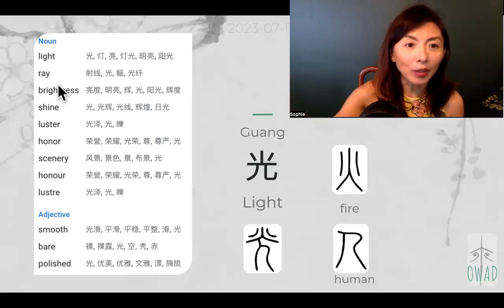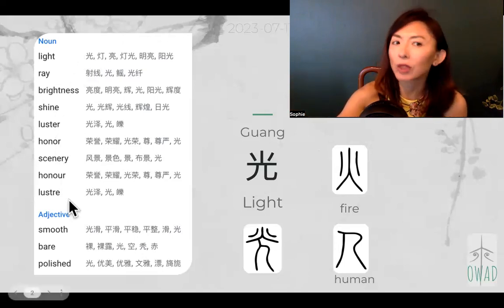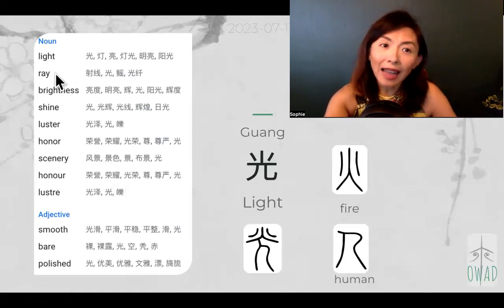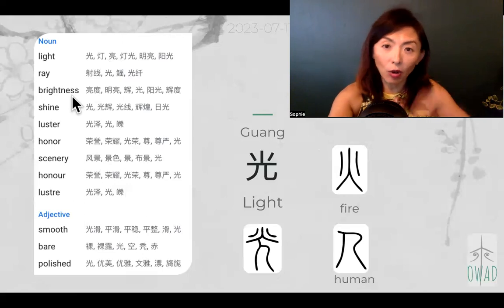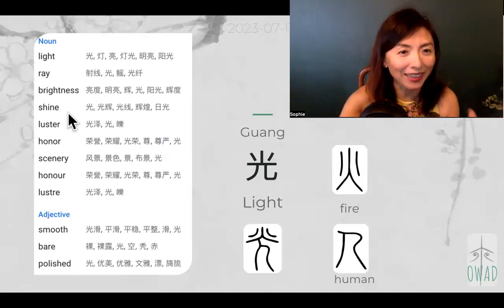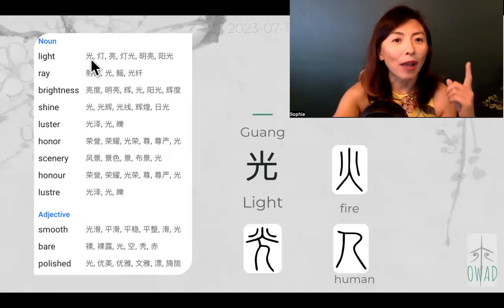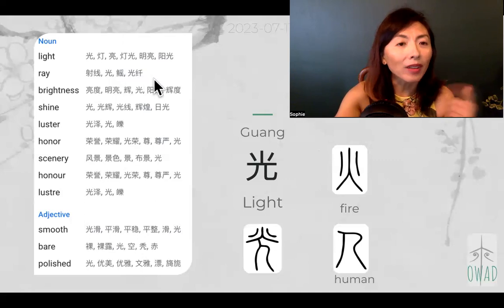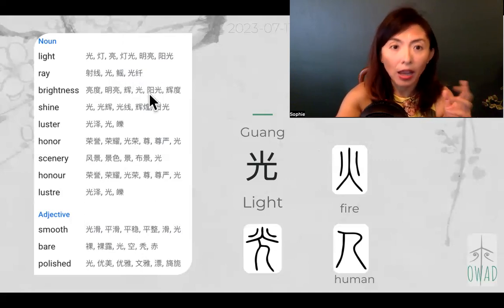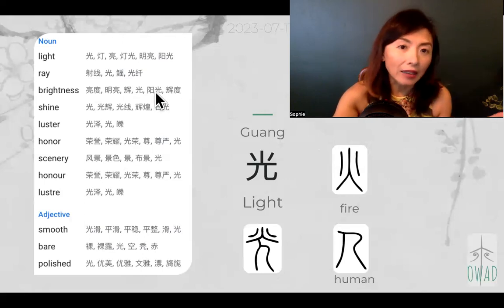Okay, so light, in English we can translate it in different ways. We have light, ray, brightness, it's all related, right? It's not that fine or twisty of a term. We have 光, and then 光线, which means light ray, and then 阳光, sunlight, right?